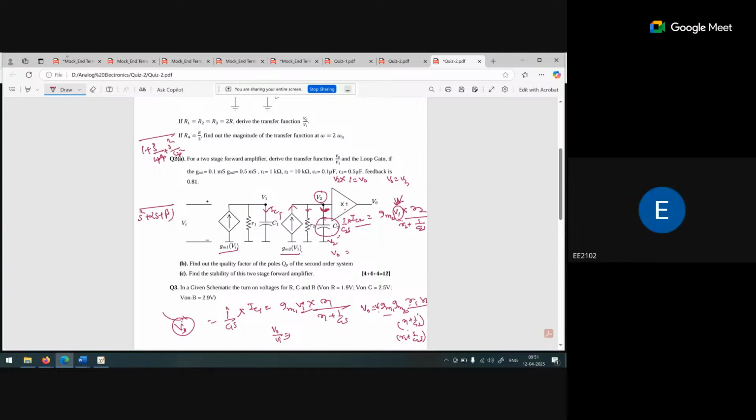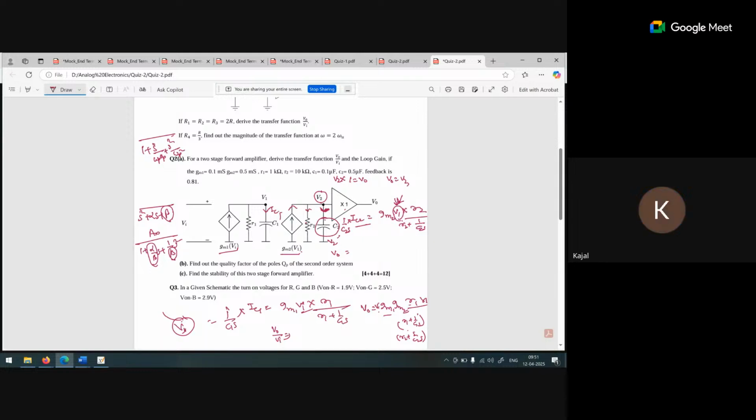So we have to divide this term with the beta. The term is A naught upon 1 plus alpha upon beta S plus 1 upon beta into S square. That will give you the omega p, and that term will give you the omega p Qp. In this way we can calculate the Qp. So this is your second part.